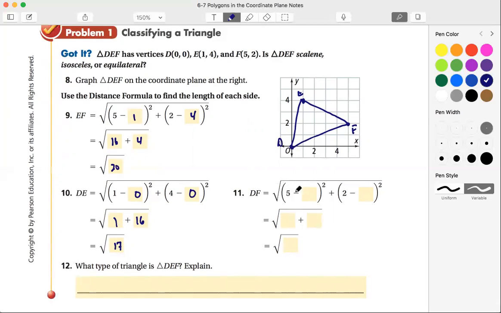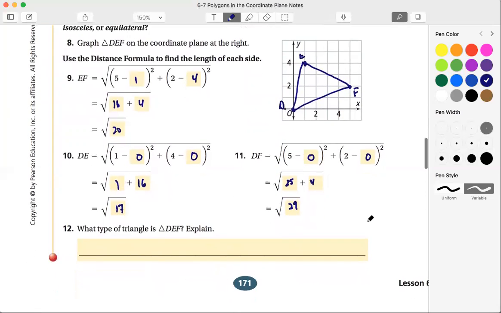And then DF is (5 minus 0) squared plus (2 minus 0) squared, which equals 25 plus 4, which equals 29. So what type of triangle is DEF? Well, since no sides are equal, triangle DEF is scalene.